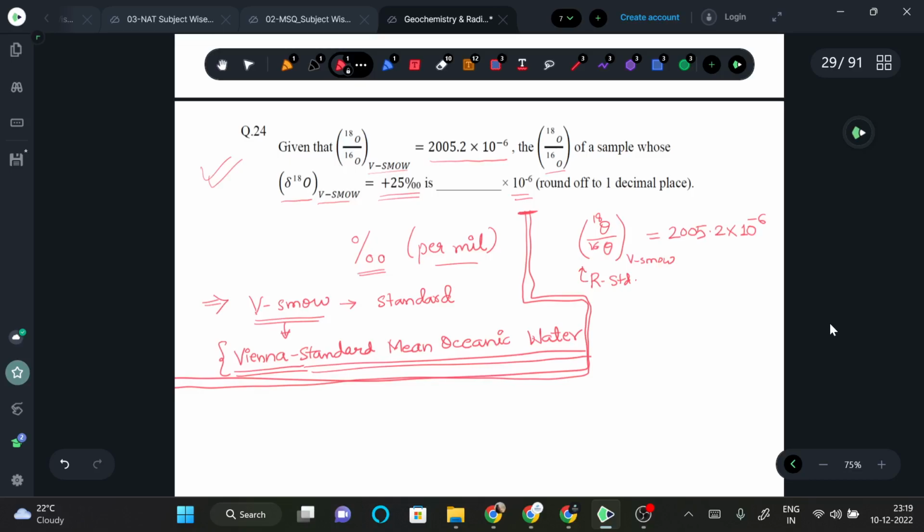Then the question asks about O18 by O16 dash into 10 to the power minus 6; this is our sample.